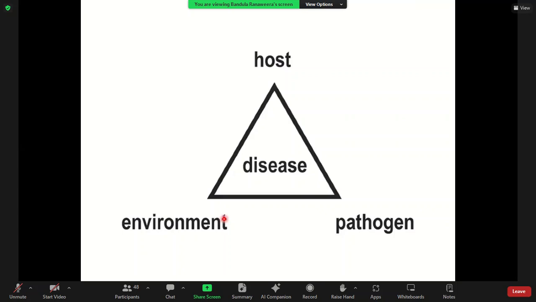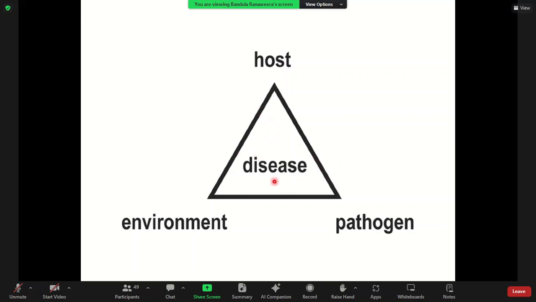So, we have to consider that a plant disease is a complex, consisting of the host, the pathogen, and the environmental conditions. If the environmental conditions are not in favor of the disease development, if it is not in favor of the pathogen, the disease will not be developed.